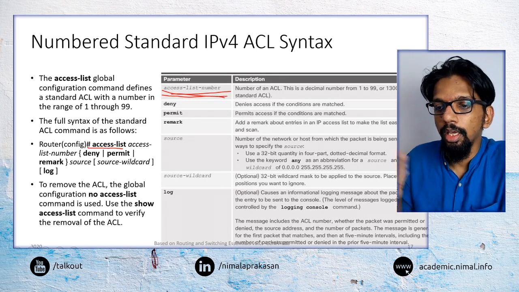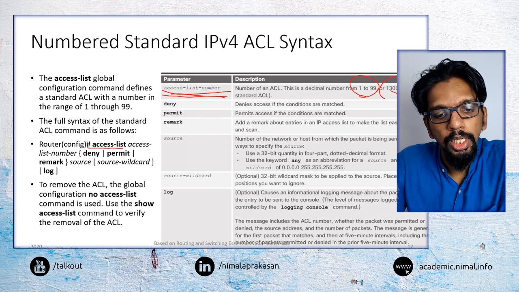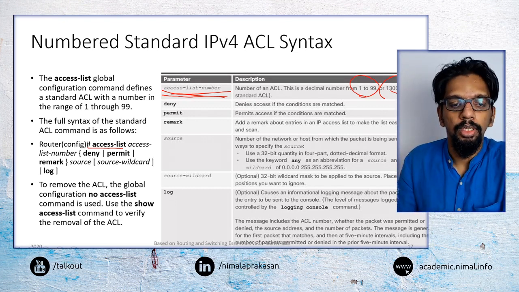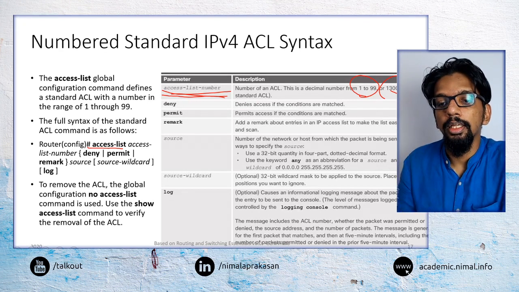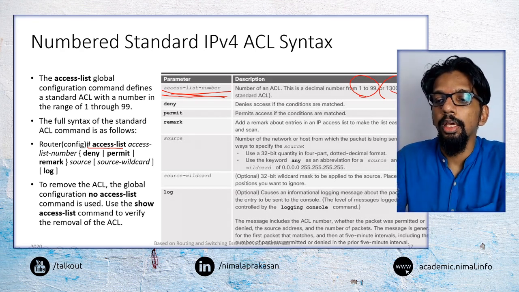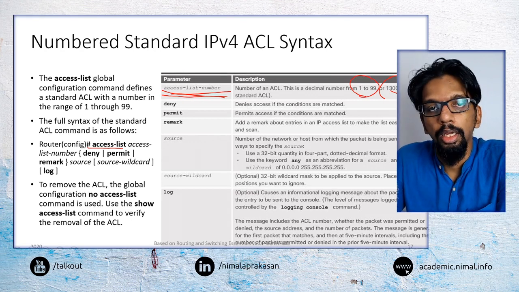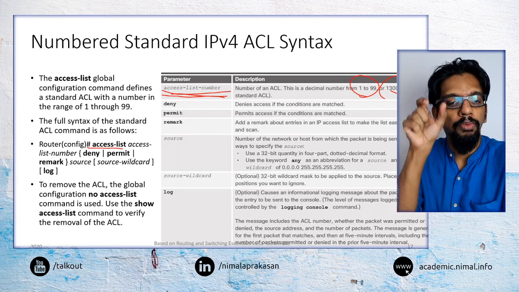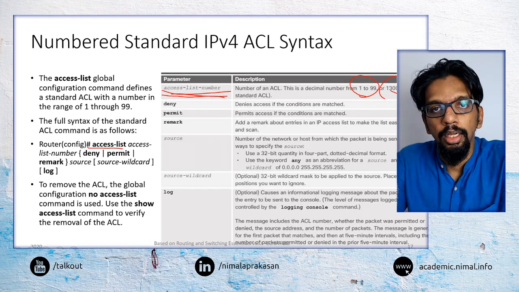It can be in the range of these numbers, and then we can specify whether it is a permit or a deny, or we can say it's a remark to specify the detail about a particular access list entry, and then we can specify what the source is and so on. So that is the standard ACL.